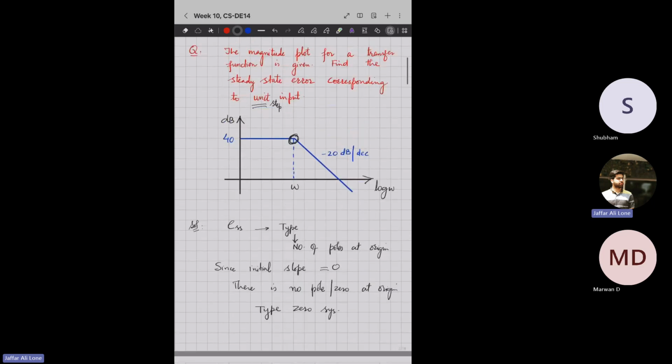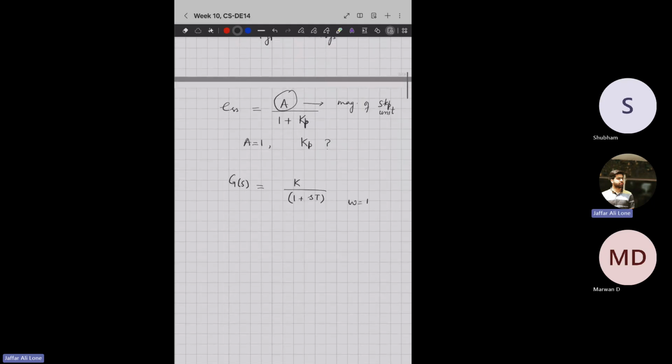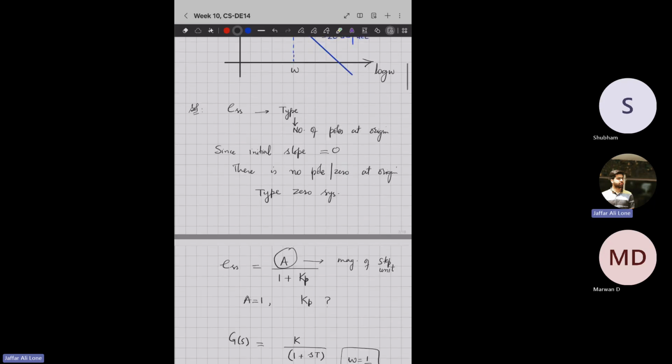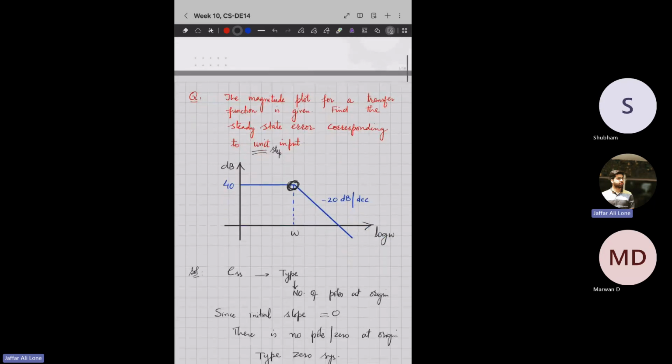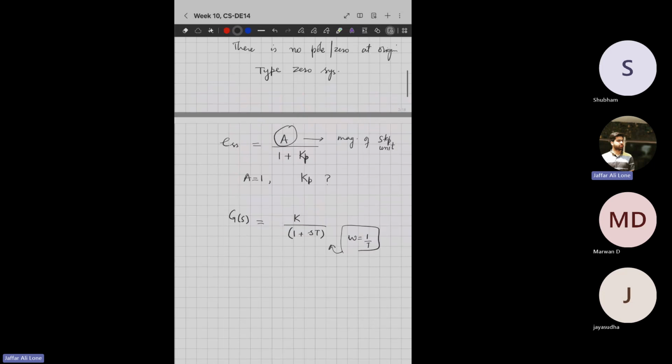Because there is only one corner frequency here, which is omega equal to 1 by T. So we can write this system in time constant form, because there is only one slope change, and which is a pole. Because see, it is 0 dB per decade, and here we have minus 20 dB per decade. So there is a change from 0 dB to minus 20 dB, so it means there is a pole. So that's what I have written in the transfer function here.